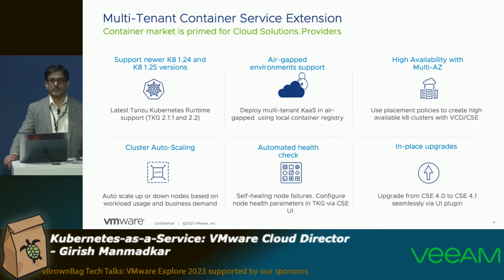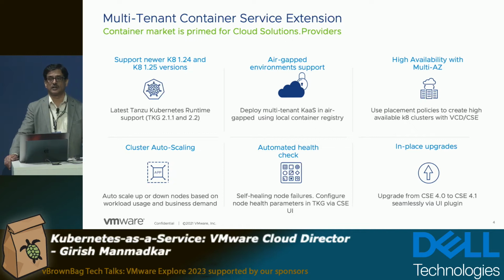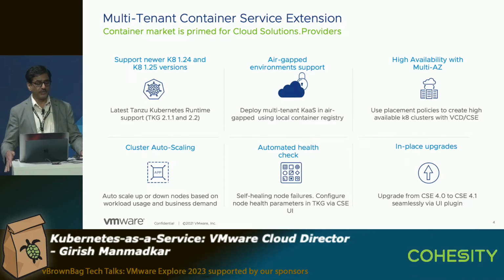A cluster here is my Kubernetes cluster, not the infrastructure cluster that we are familiar with. Automated health checks are being built, and in-place upgrades are key aspects of these clusters. We want to work with you as a customer and as a provider, and bring that functionality into these products.